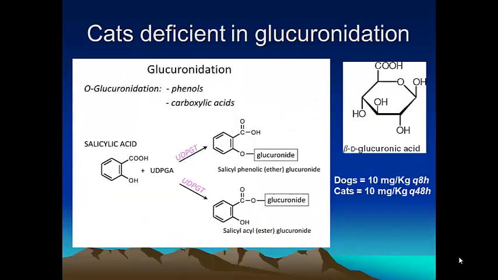If we look at this reaction, we see that salicylic acid, which is really what actually gets absorbed from the intestine when you give aspirin to a cat, is conjugated with glucuronic acid by a transferase in the liver, and because cats are deficient in this pathway, they have a very prolonged half-life of between 1 and 2 days, as opposed to dogs or humans, which have a half-life of 8 hours.